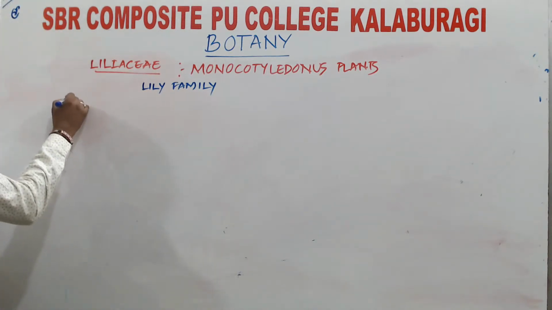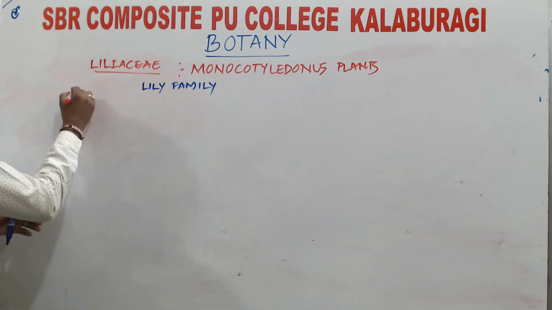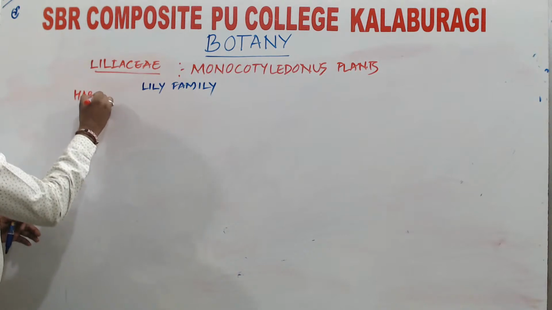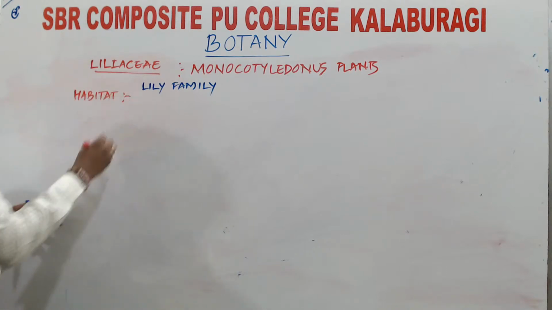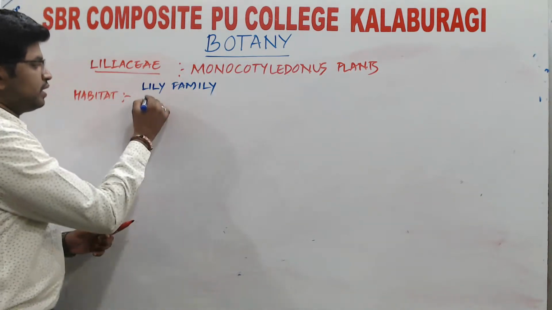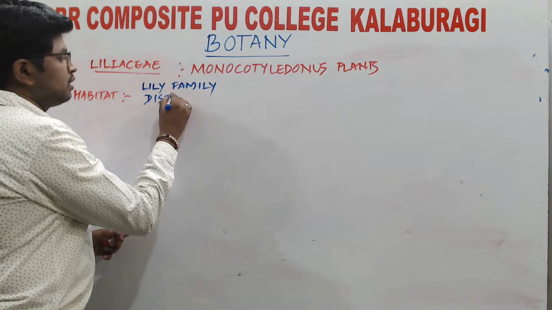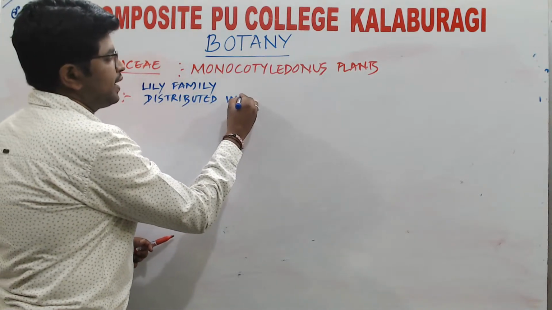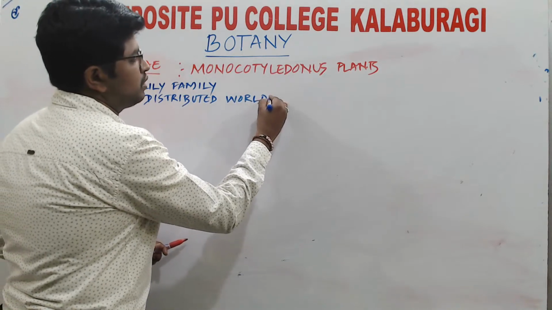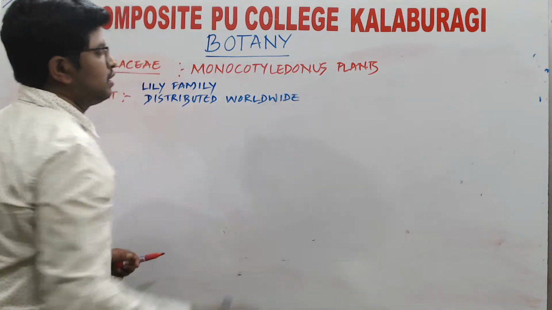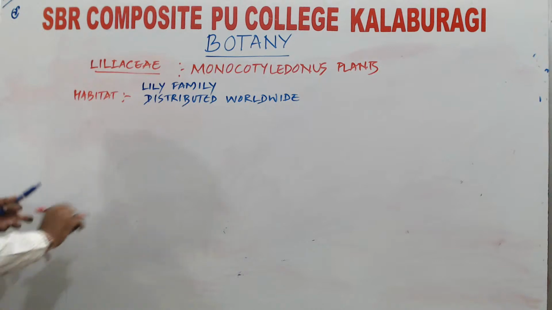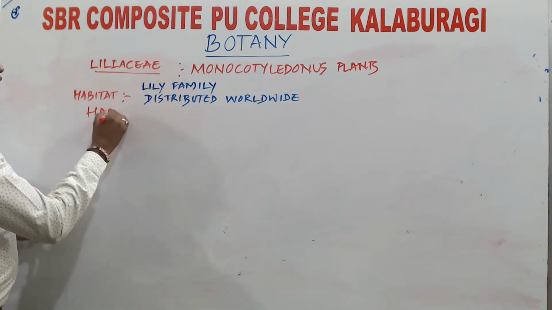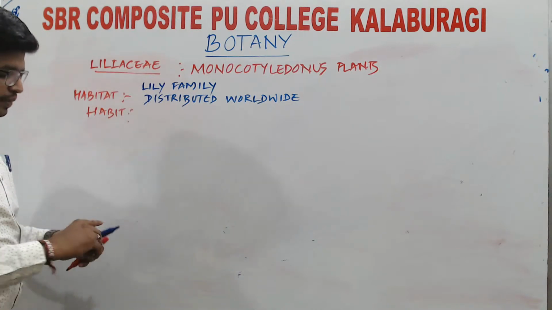Now habitat, where they are found: they are distributed worldwide. Remember, they are distributed worldwide. Habit: they are perennial herbs, meaning what?